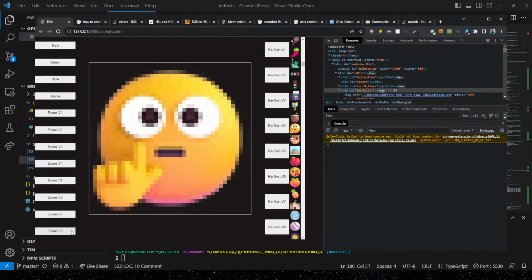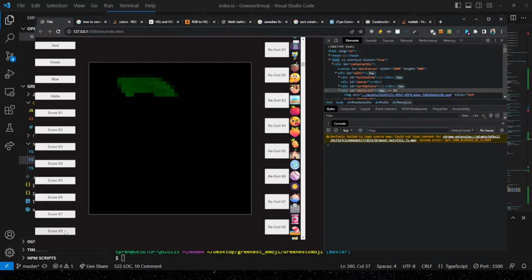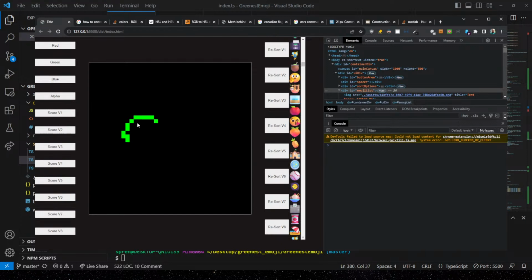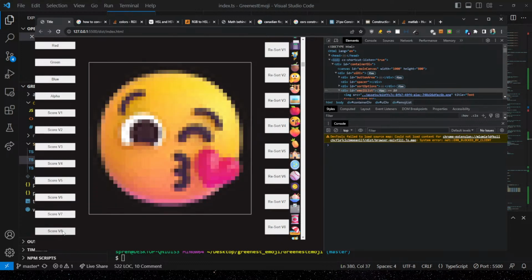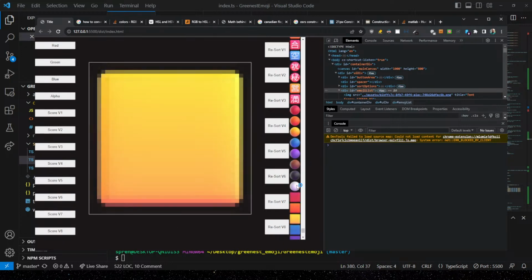That's peculiar. Yeah, something's up with that. Look at that. That's so freaking weird. Kind of expected that to be more green, but whatever.